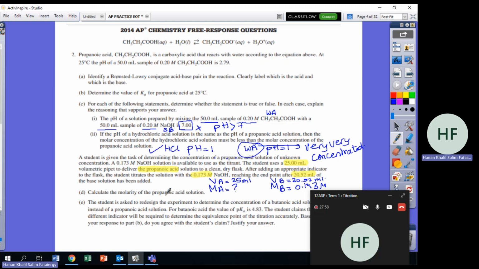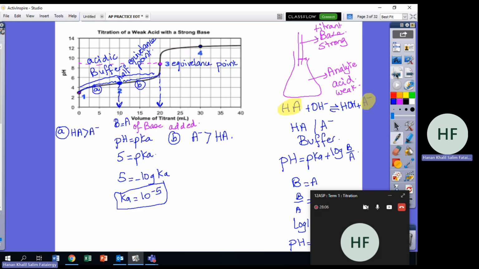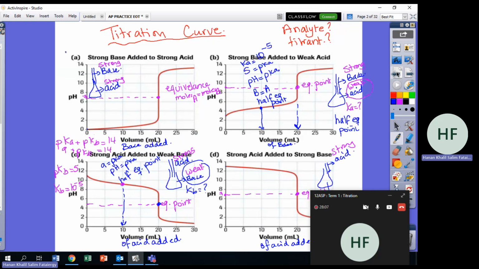Okay. Always, grade 12 seniors, in order to calculate the molarity, it is calculated at the equivalence point. If you remember in this graph, we identified 2 points, the equivalence point and the half equivalence point. The half equivalence point we use to calculate Ka. So what is the use of the equivalence point? At equivalence, moles of acid is equal to moles of base. So, MaVa is equal to MbVb.